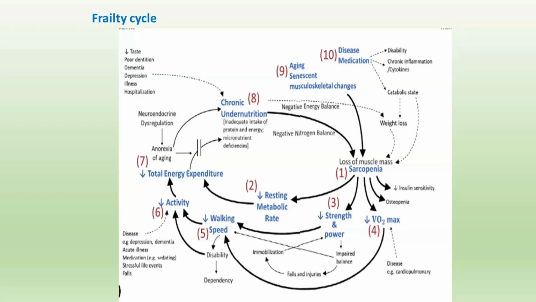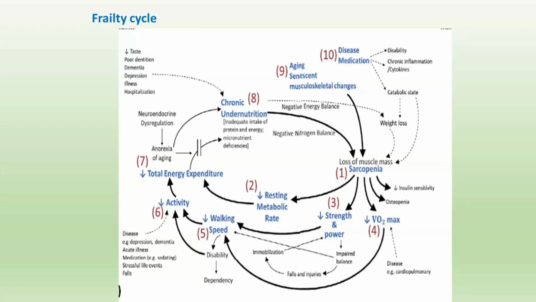So these, with age and with disability, the chronic inflammation and increase of cytokine levels. And I told you that the cortisol level increase and the catabolic state will go up. And all these also lead to sarcopenia. A lot of factors.